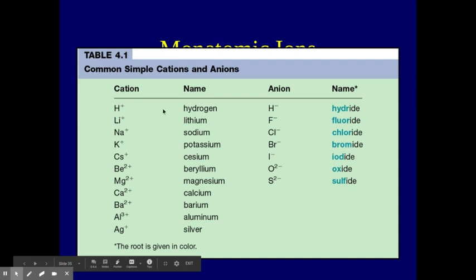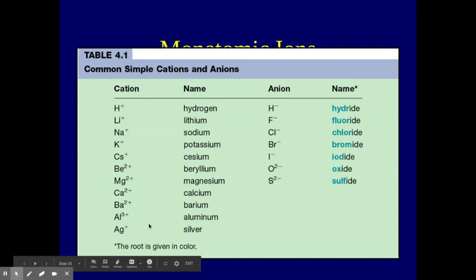So here are some common cations and anions. So hydrogen, notice it could be hydrogen if it loses an electron. If it gains an electron, because remember, it only takes 1 to get it to its noble gas state, then that's hydride. Okay, there's lithium, sodium, potassium. Everybody else just keeps its name, right?